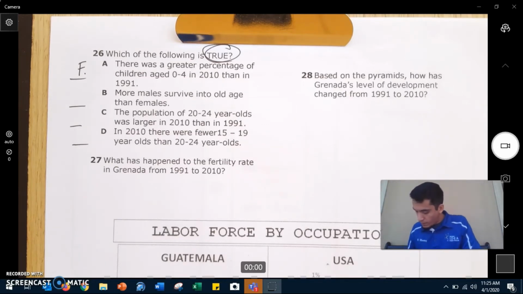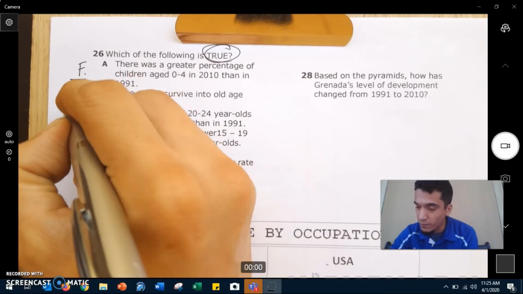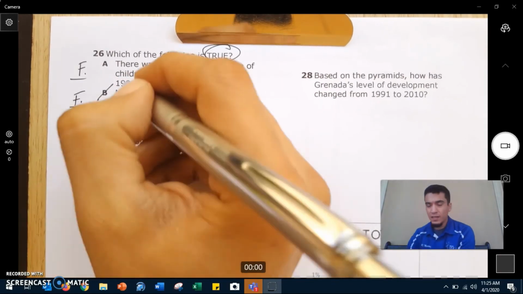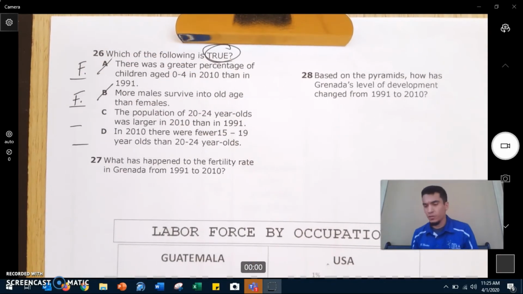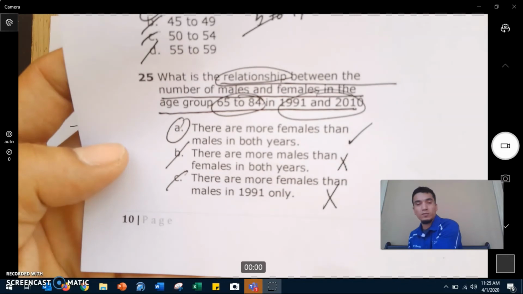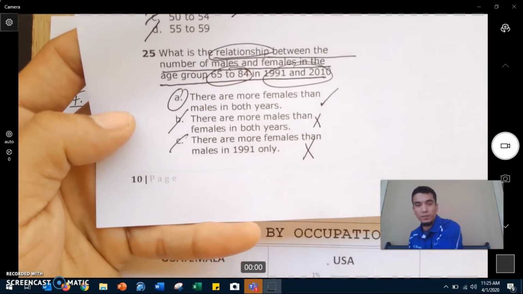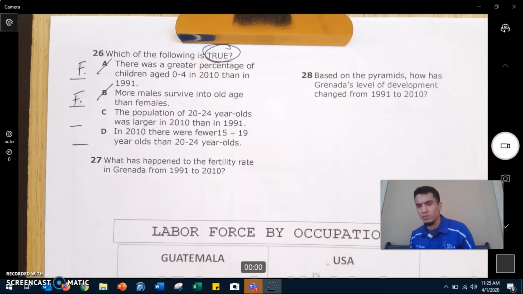Letter B, excuse me, is saying more males survive into old age than females. That is completely false. We determined that with the last answer choice, number 25, that there are more females than there are males in the elderly ages. Women live longer. Letter C, the population of 20 to 24 years of age was larger in 2010 than in 1991.